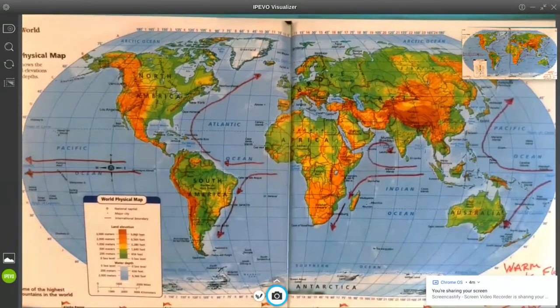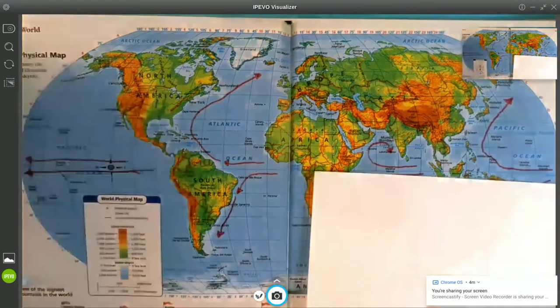Okay, now then you're going to hold another piece of paper here. I'll write this with a regular pen. The warm currents flow east to west around the equator.